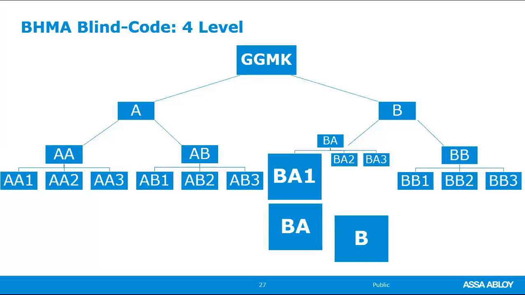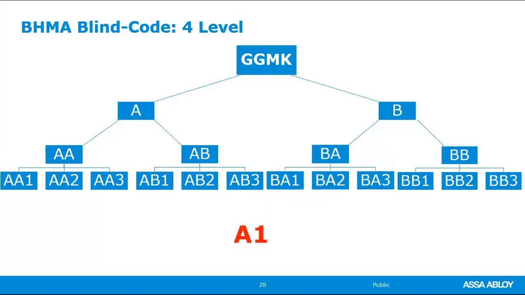Now let's take a look at this. A1. What kind of key is this? Well, it's a change key because it ends in a number. But what will operate this key? Once we remove the number, this key will only be operated by the grandmaster key and, of course, the great grandmaster key.